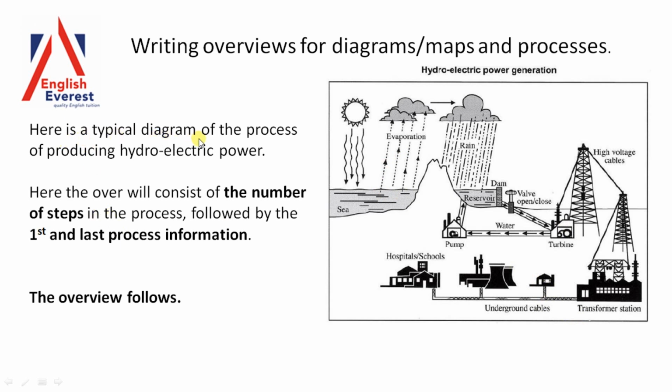Here is a typical diagram of the process of producing hydroelectric power. The overview will consist of the number of steps in the process, followed by the first and last process information. Okay, let's look at a typical overview.